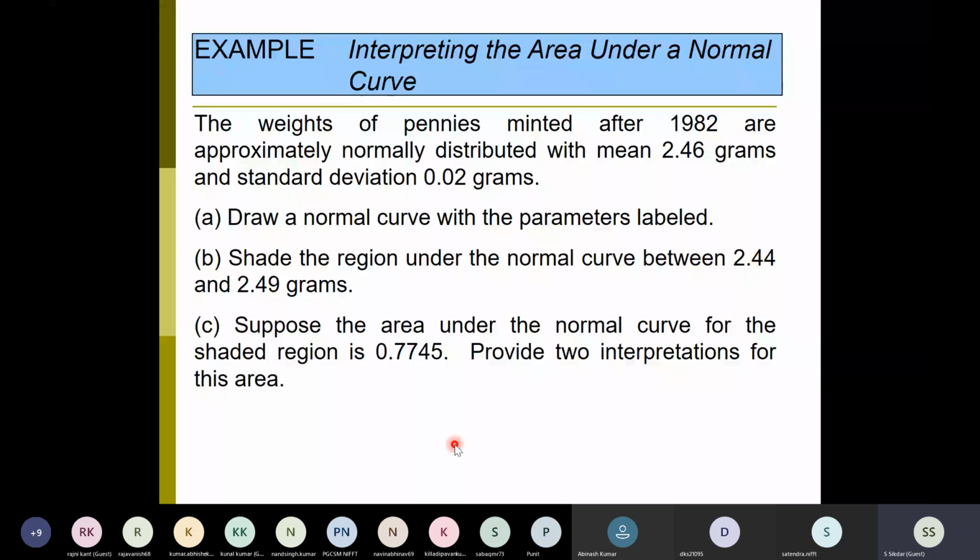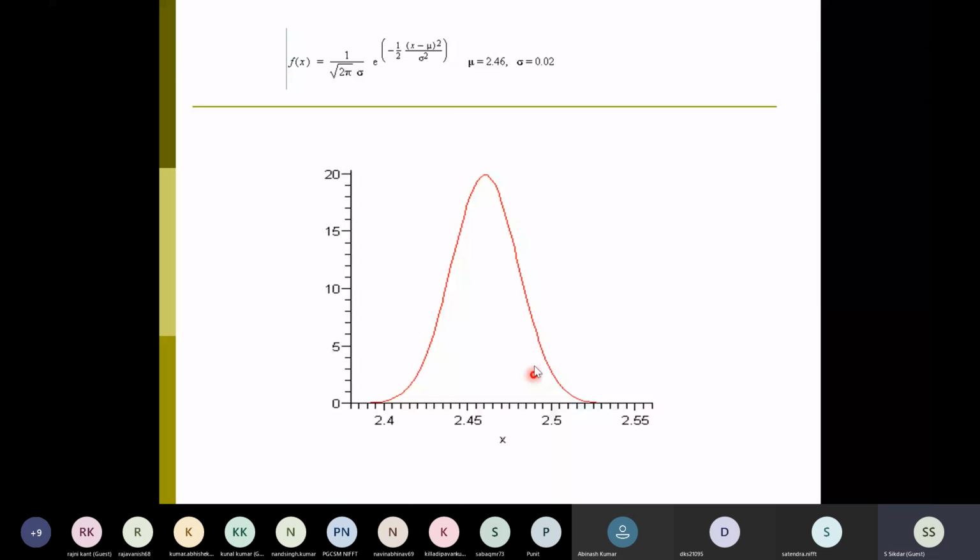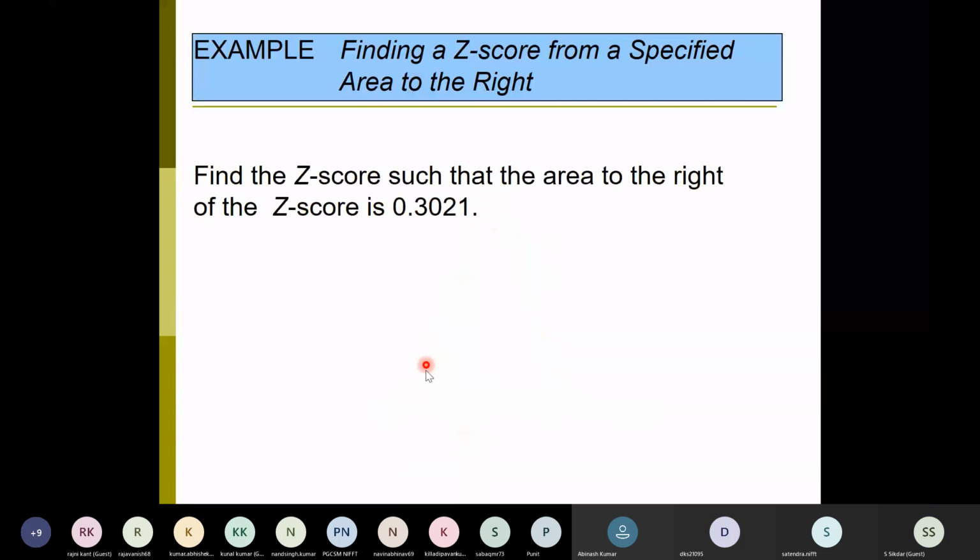So you have to be somewhere between here and here. First you get the area up to this, and then again up to here. Then if you subtract one from the other, you can get all of this.